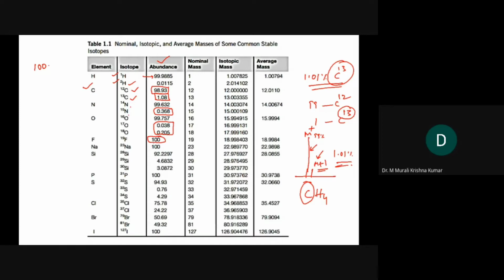We have only one, F19. Sodium, no. In case of silicon, we have three isotopes: silicon 28, 29, and 30. So 28 is 92%, 29 is 4%, 30 is 3%.